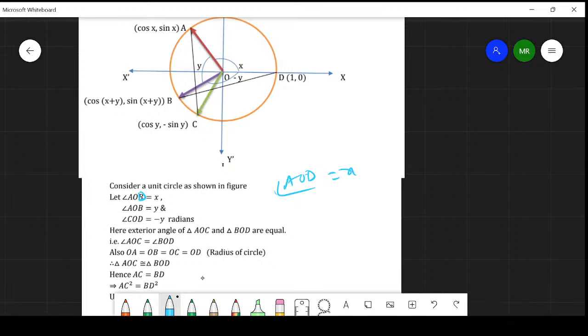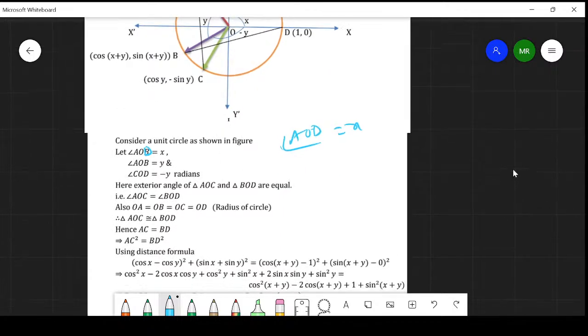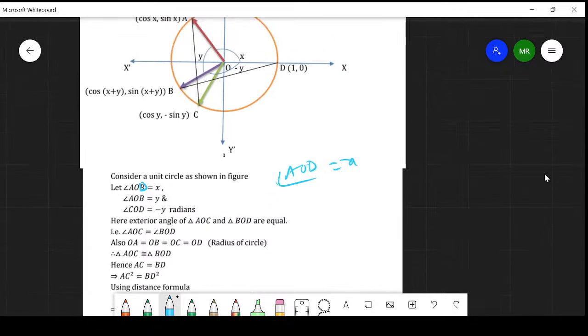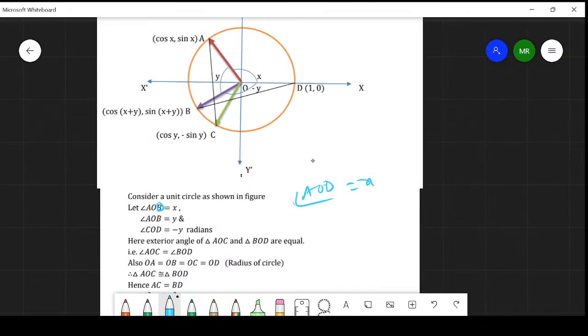So I can say triangle AOC is congruent to triangle BOD. Hence, when these are all equal, automatically AC is equal to BD. When triangles are congruent, automatically I can say those two triangles are similar.